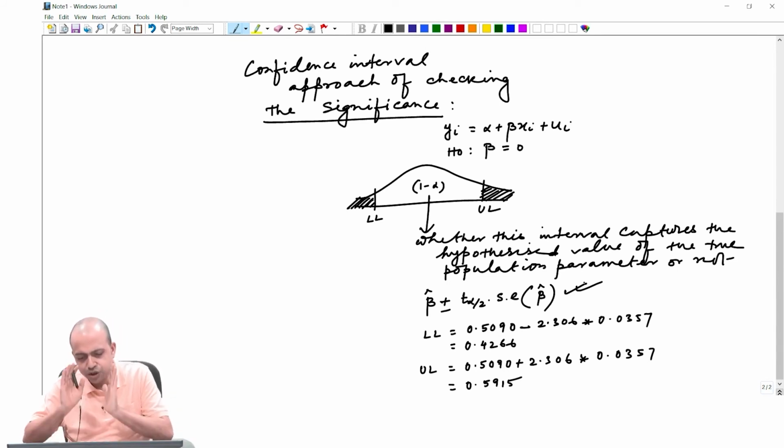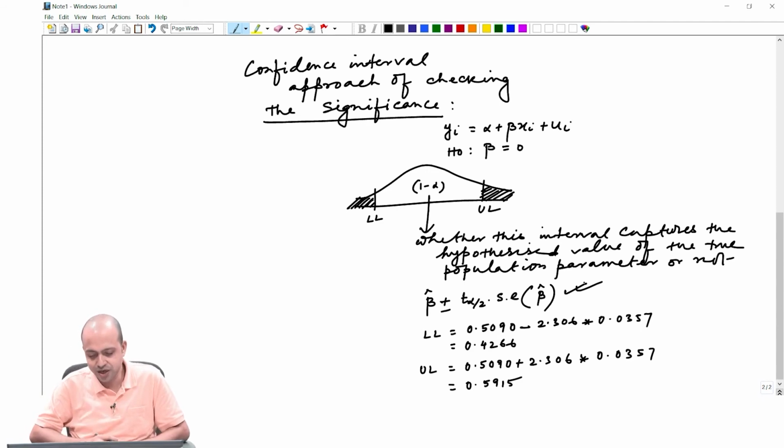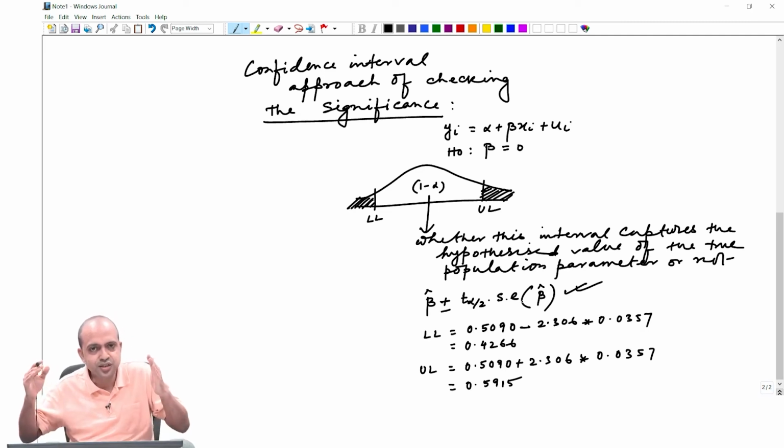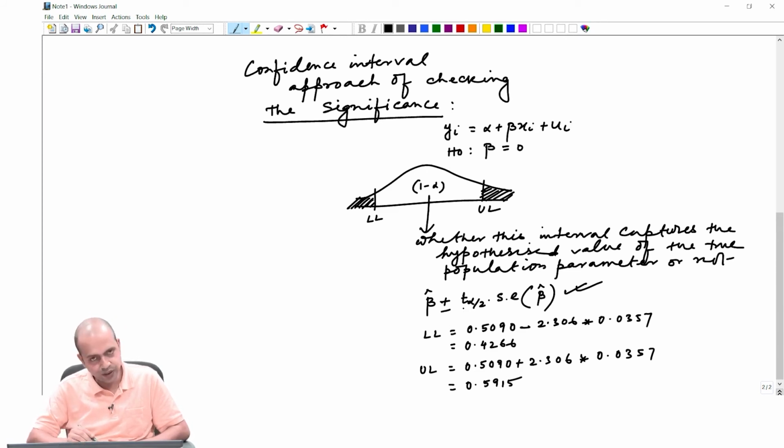So, this is how the interval is constructed, and as I said earlier, the standard error determines the size of the region. That means the width of this interval is determined by the standard error, because beta hat is fixed and t alpha by 2 is also fixed for a given number of observations.